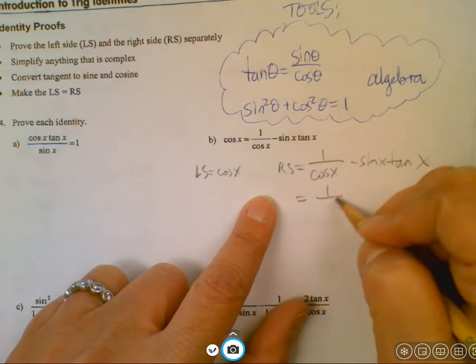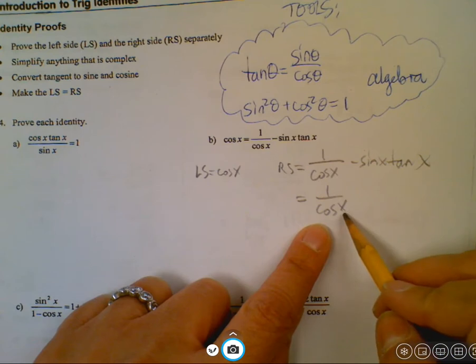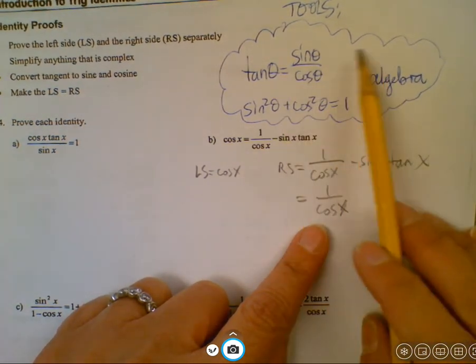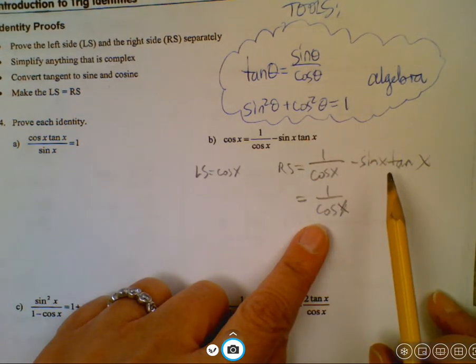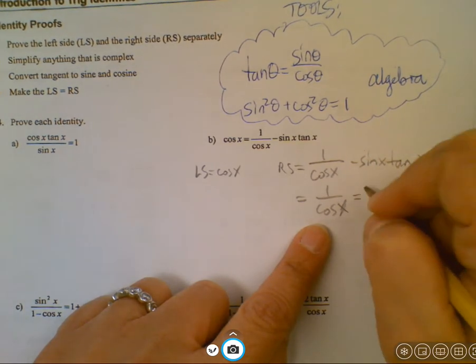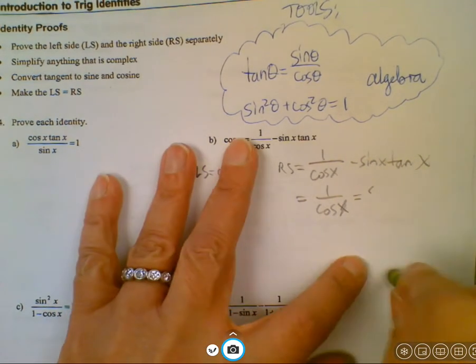And now I'm going to look to see. I don't think I can do anything with this 1 over cos x, but I can apply one of these here. I can apply the first one to get rid of tan x, so I apply the quotient identity. Oops, not equals, but minus.